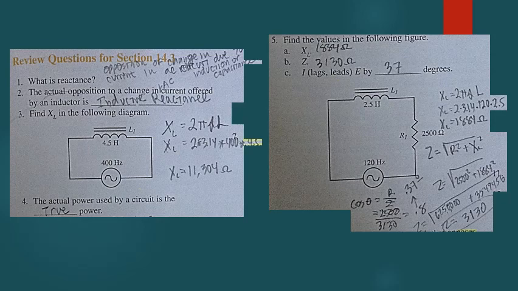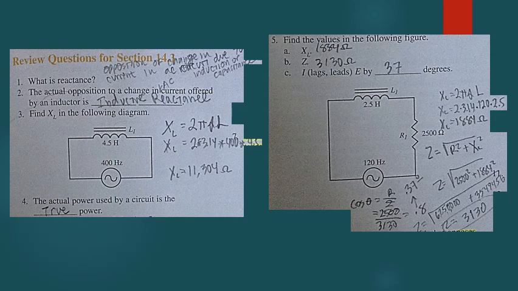In this case it is 2 times pi, which is 3.14 approximately, times 400, which is the amount of hertz in the AC source, times the inductor of 4.5 henries, and we ultimately get 11,304 ohms for inductive reactance.